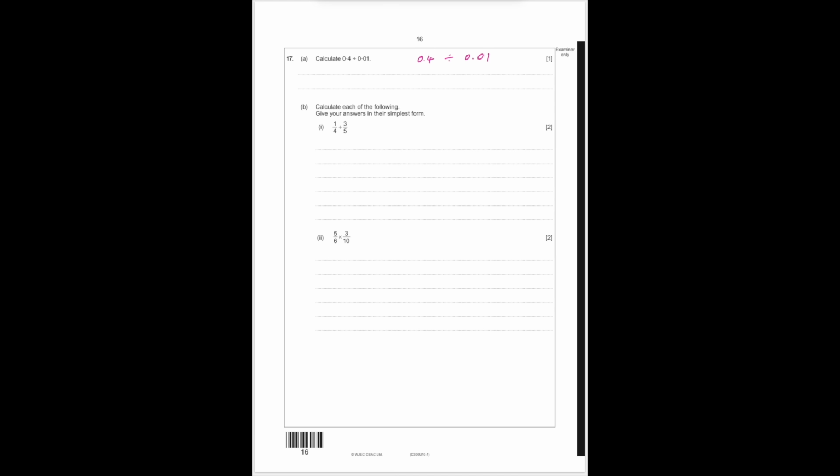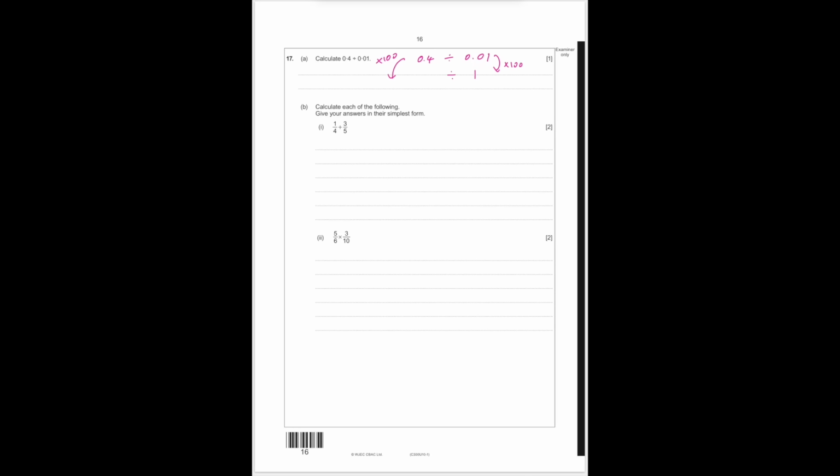Okay, when I'm dividing decimals, what I want to do is multiply both decimals by the same power of 10. And that power of 10 is going to make them be integers. So I know that if I times 0.01 by 100, that's going to give me 1. I would normally times 0.4 by 10, but because I'm dividing, I have to times them by the same thing, guys.